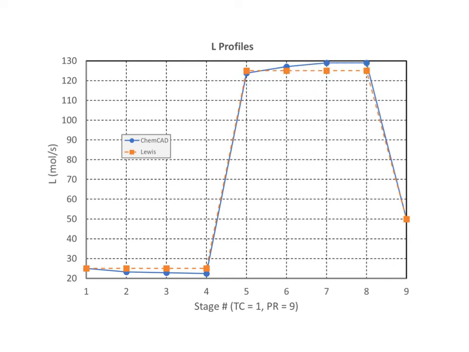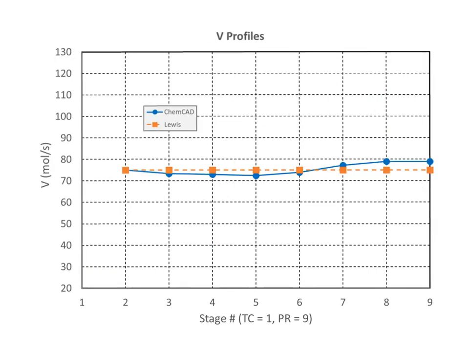Whereas the Lewis method that we used, these flow rates are constant across the bottom or the top of the column because of the EMO assumption. We assume that liquid flow rate does not change. Here is the vapor flow rate plotted versus stage. And again, note that the Lewis method shows a constant vapor flow rate all the way through the column because of our EMO assumption.